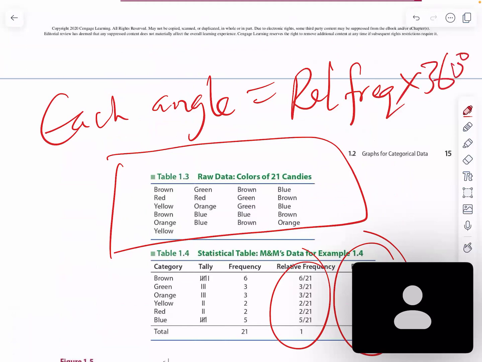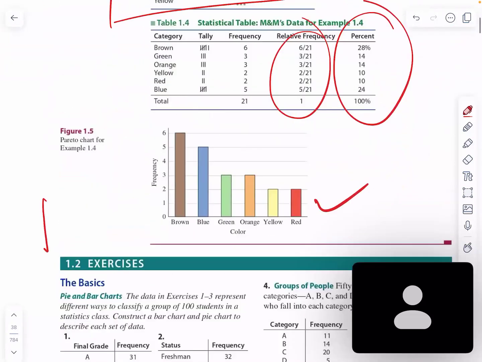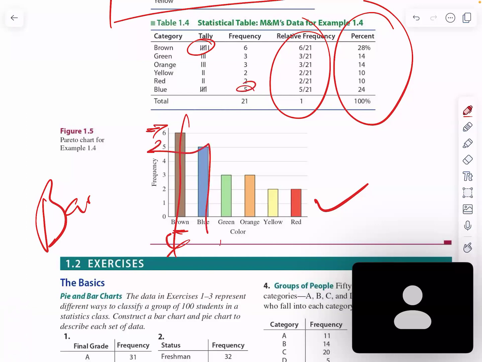Very simple, right? So that's the bar chart for the same figure here. Look at brown. Brown occurs how many times? 6 times. So that's the highest, 6 times. That is for brown. And the color blue occurs 5 times. Okay, different colors.